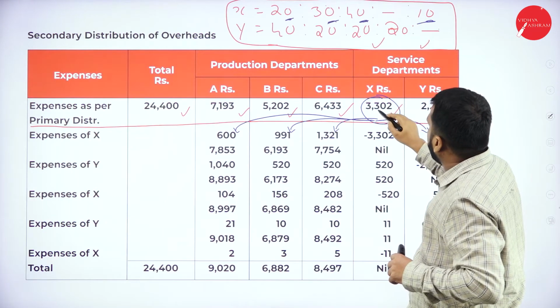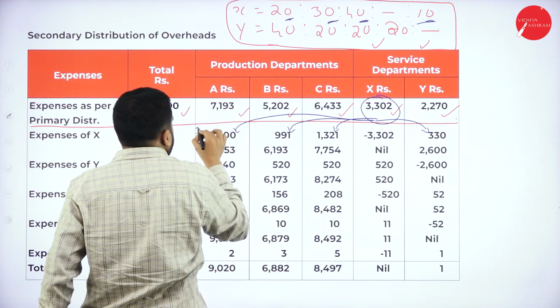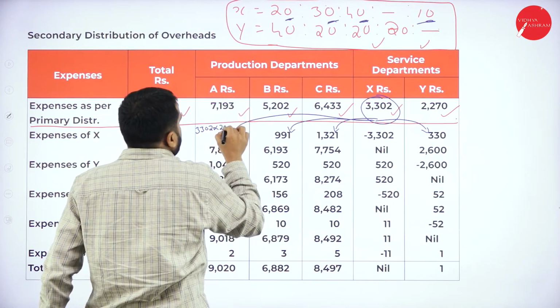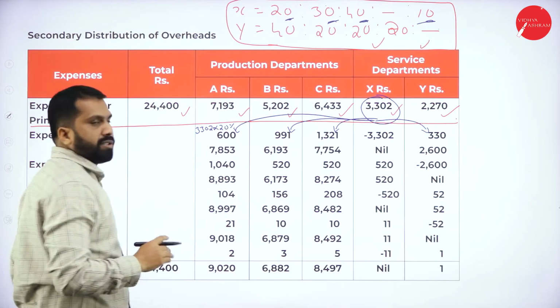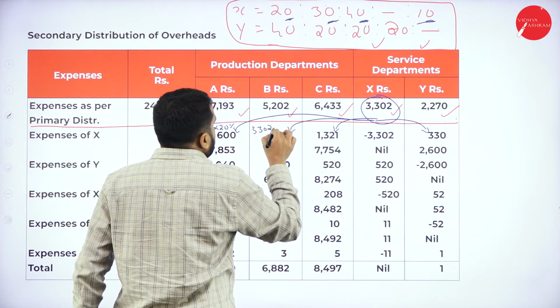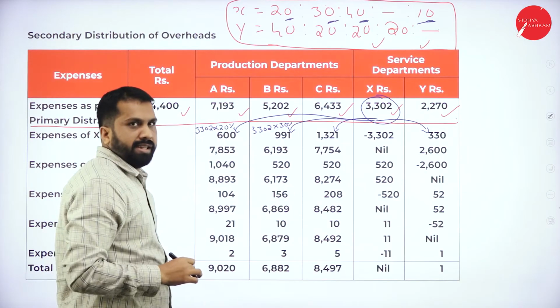So, 3302 into 20 percentage. Simple. Now, 3302 into 30 percentage.